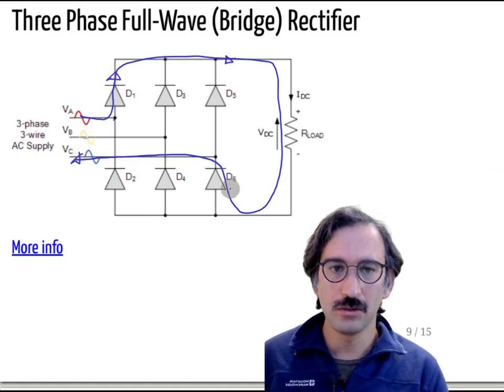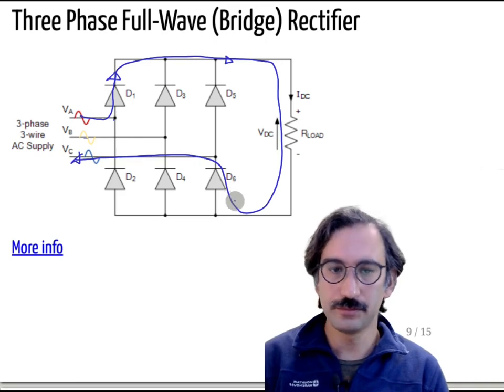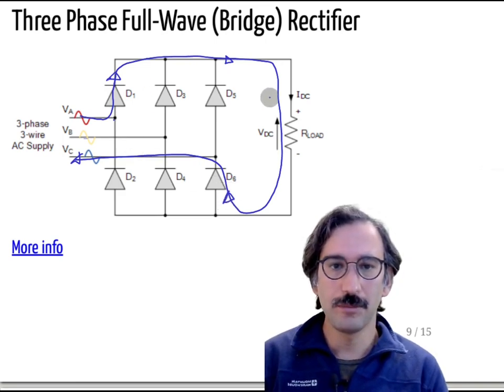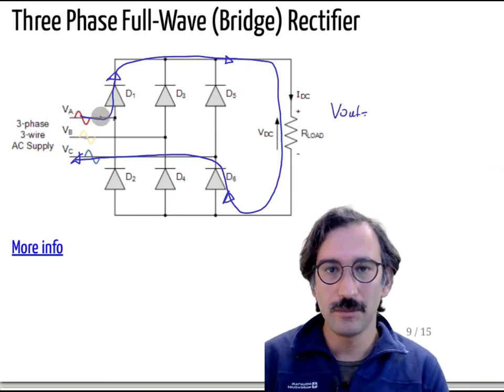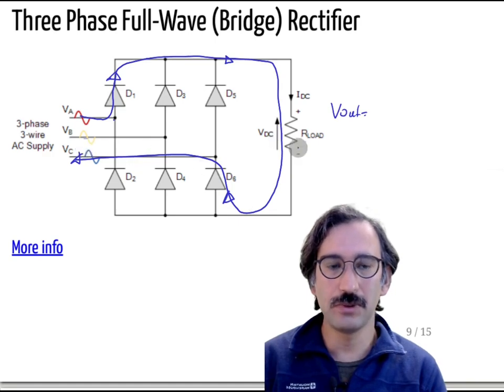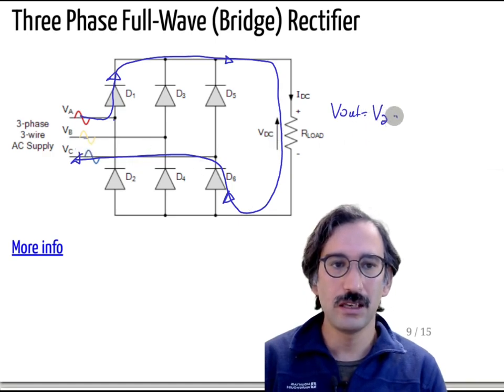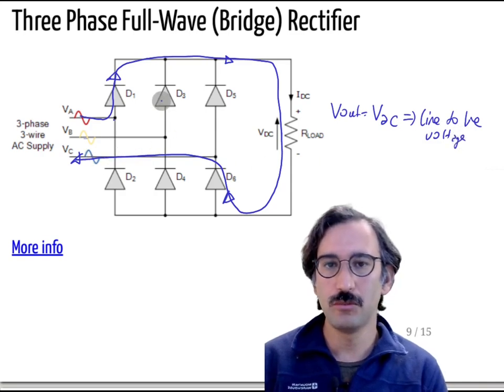If it is coming all the way back from here, what I will see at the output voltage for a short amount of time is VA directly connected to VC.